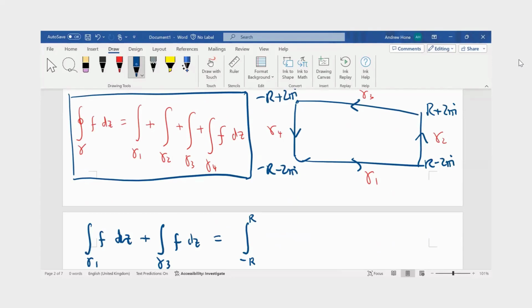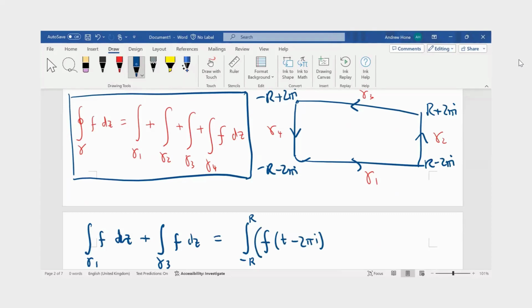So if you look at gamma 1, then what is this? Well, the first thing that we get is f of (t minus 2 pi i), and then dz is just dt, okay?